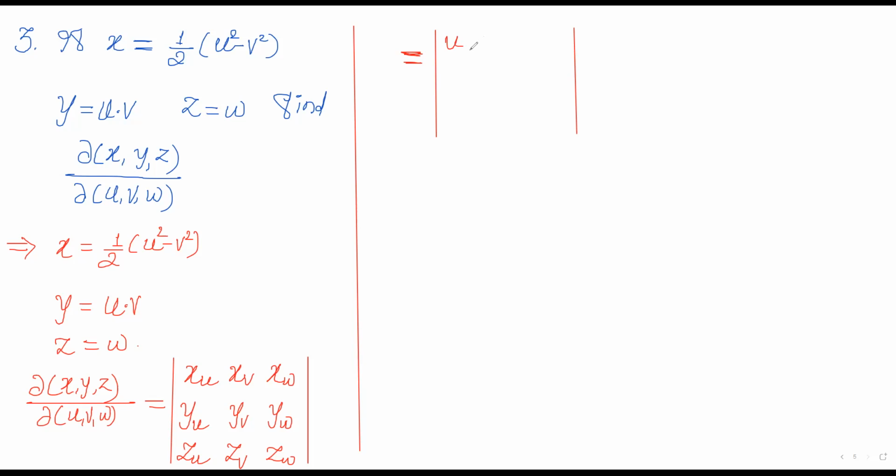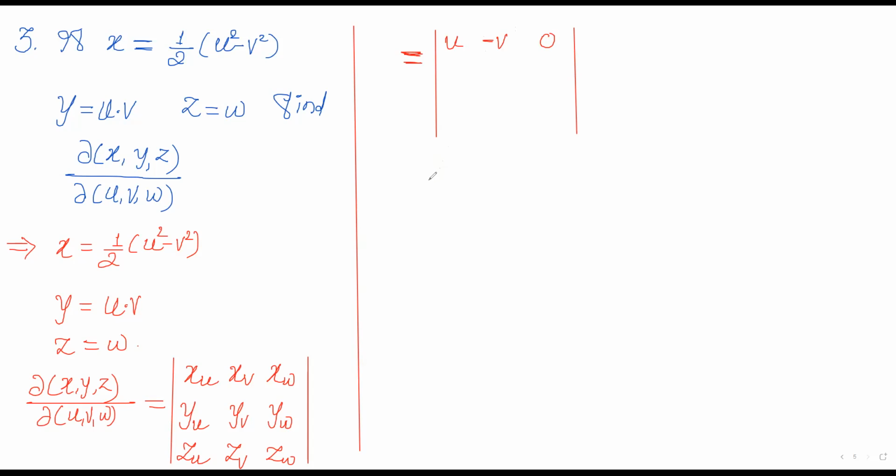Next, derivative of x with respect to v: minus 2v divided by 2, so it is minus v. Derivative of x with respect to w: there is no term of w, therefore it is 0. Then go for the next.